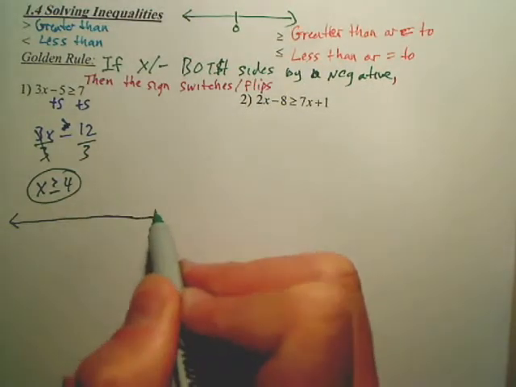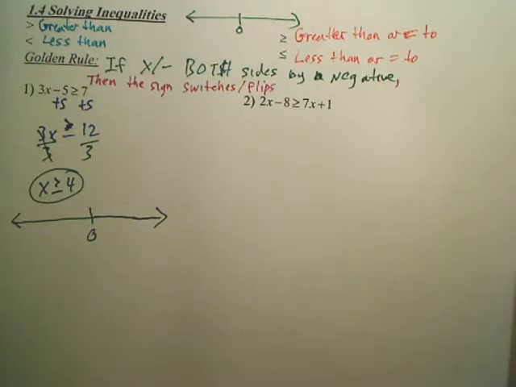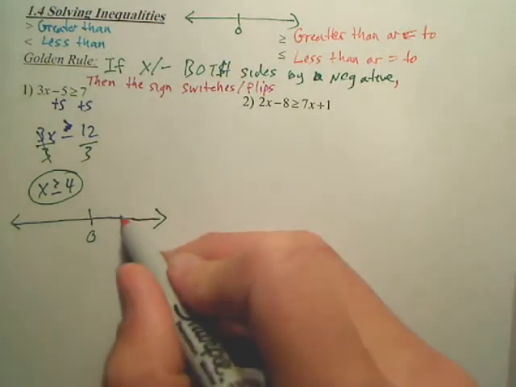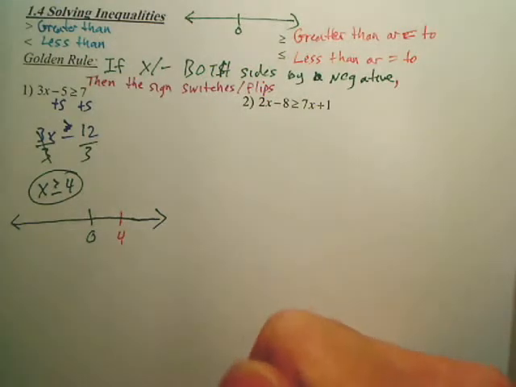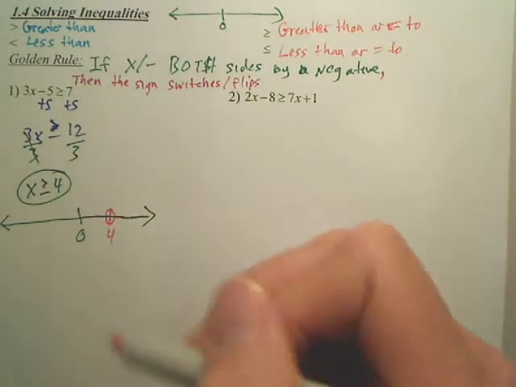But there will be problems, and on your homework, where you have to put this on a number line. I'm not worried about it being perfect. There's my number line. I put 0 to reference the middle. Which side of 0 would 4 be on? The right. So, put a little line. That's 4. So I put a dot at 4.